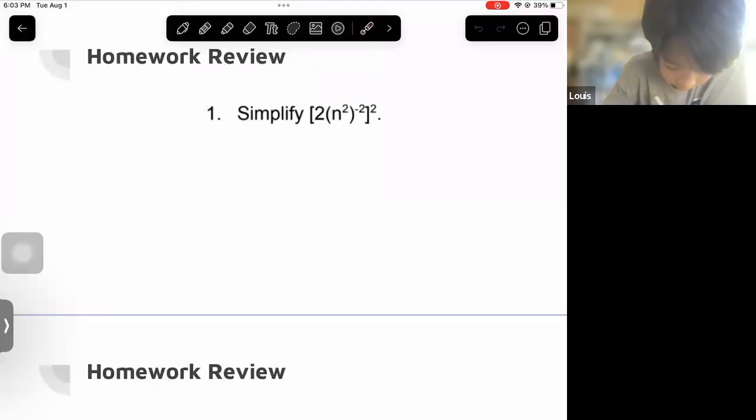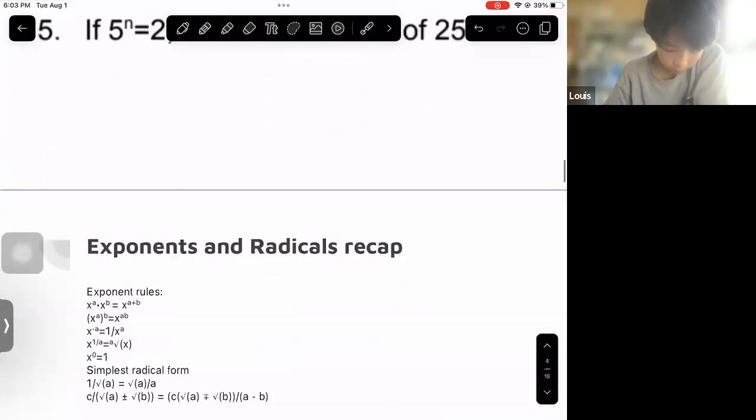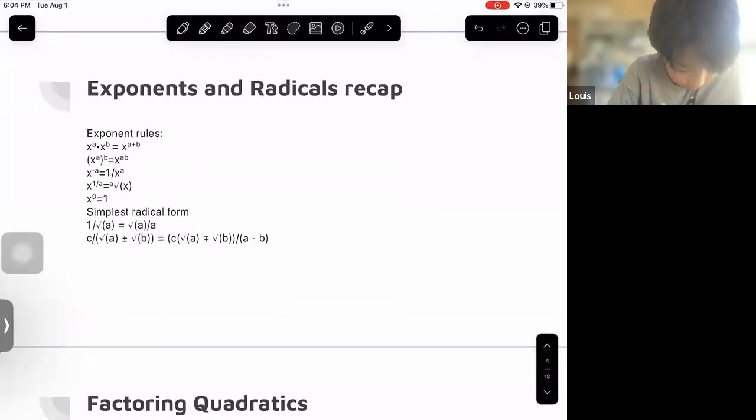So we would just have 2 times n squared to the negative 2 power, to the squared, will just equal 2 times n to the 2 times negative 2. We have this from the rule right here.